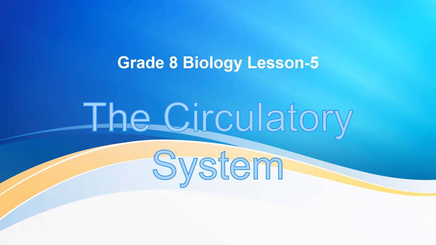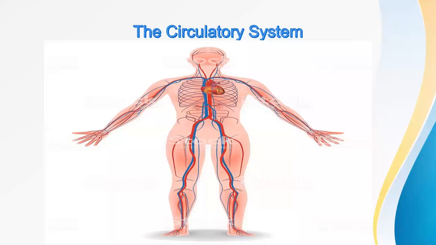Okay, let's have a look at this picture. In this picture, you are seeing all the tubes. These tubes we call blood vessels. The word is blood vessels. Whatever tubes you are seeing on the screen inside our body, all these tubes we call blood vessels.